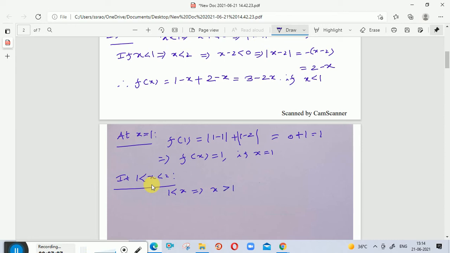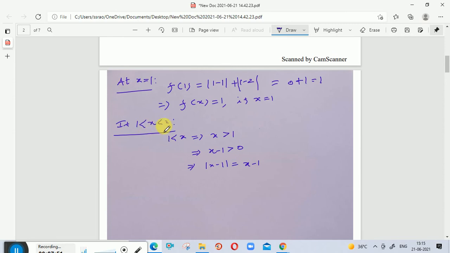That implies x minus 1 is greater than 0. That implies modulus of x minus 1 is equal to x minus 1. Because if x is greater than 0, mod x is equal to x.